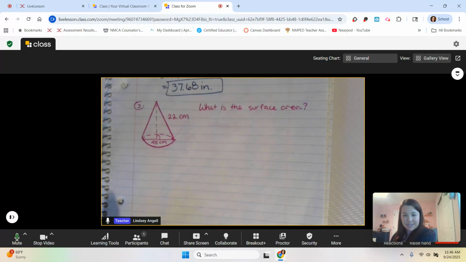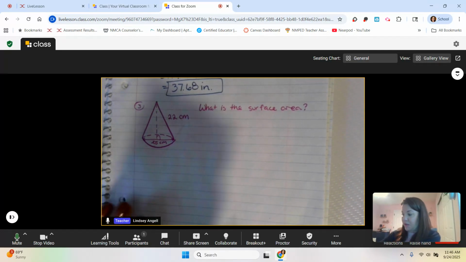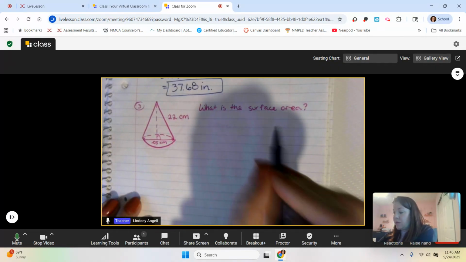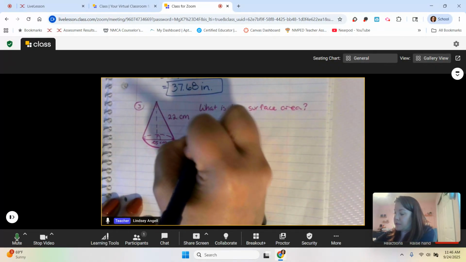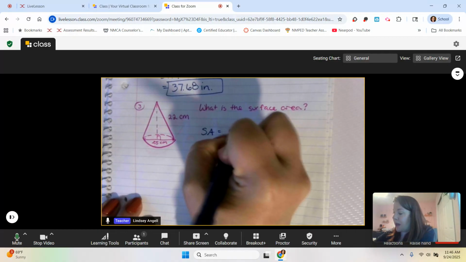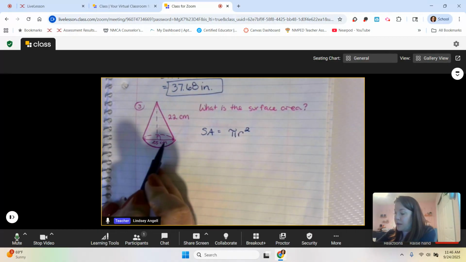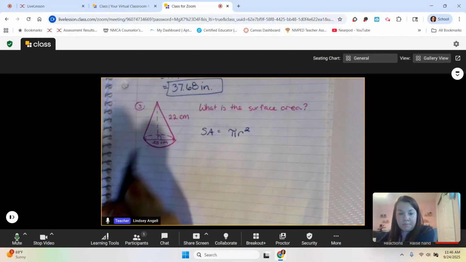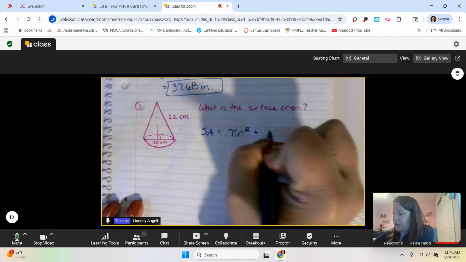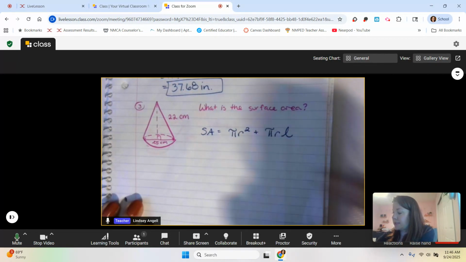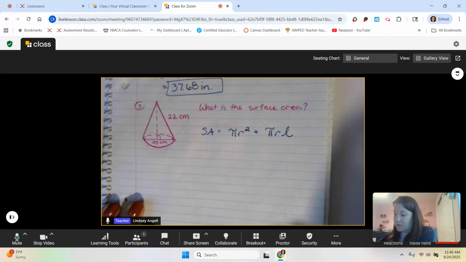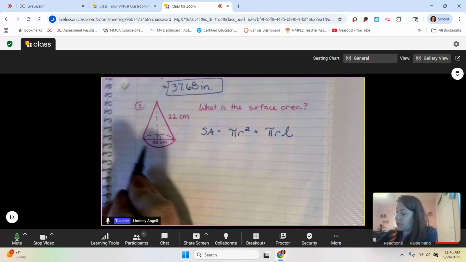Number 3, what is the surface area? Okay, and I know this is from your quick check. I don't remember which one though. I didn't write that down. So what is the surface area? Well, for the surface area, we need pi times the radius squared. That's going to give us the area of that base, plus pi times the radius times the slant height. Okay? So let's look at this.